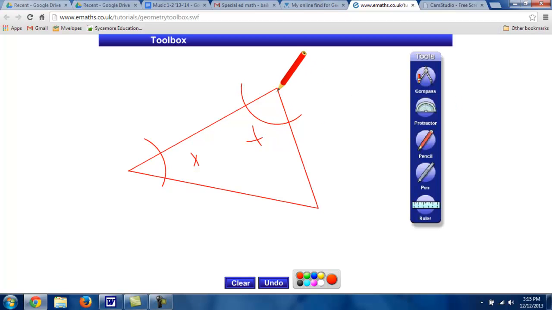Okay, and then draw my bisectors and make them long enough so that they intersect.